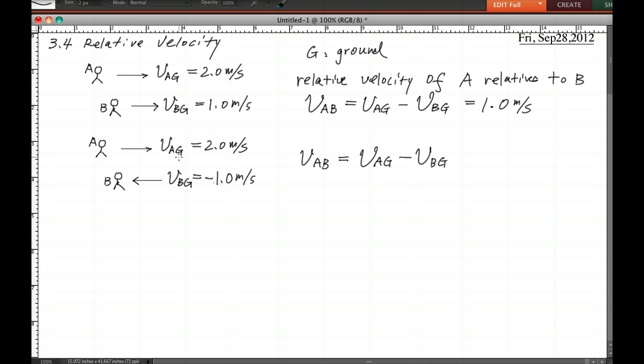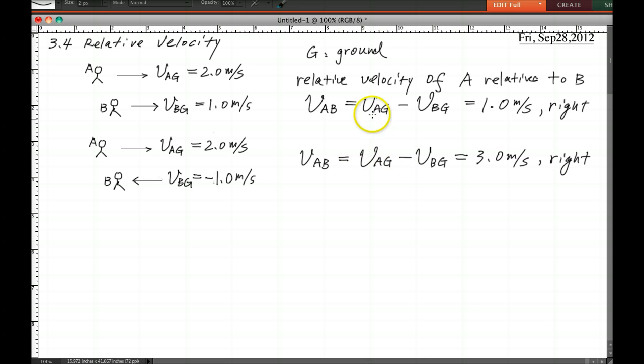You might think it's still 1, exactly the same situation. Then it should equal 3.0 meters per second, and the direction is still towards the right, or east.